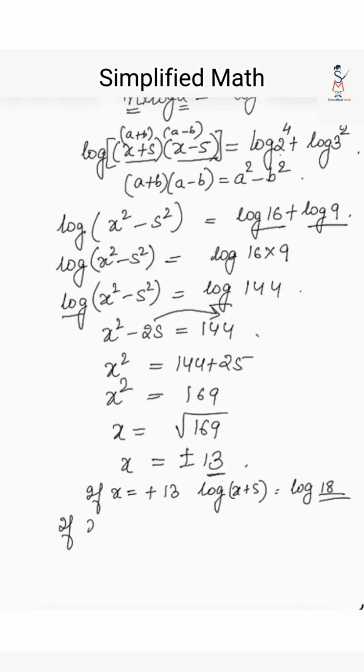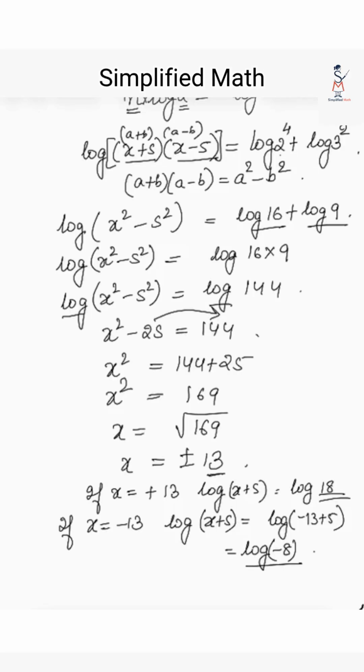Now if x is minus 13, then log x plus 5 will become log of minus 13 plus 5, right? That is, from 13 you remove 5, minus 8. Now we are getting a negative log.